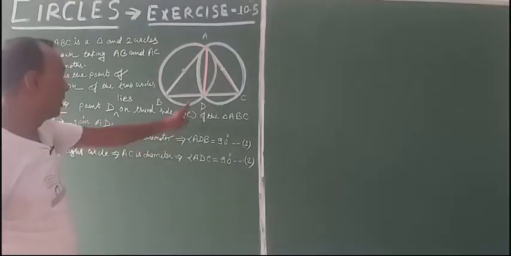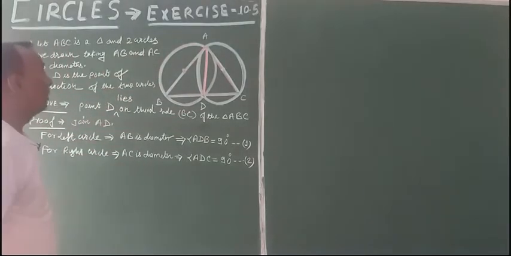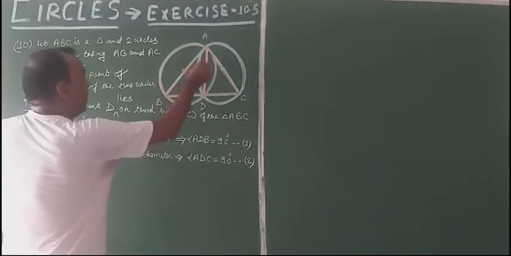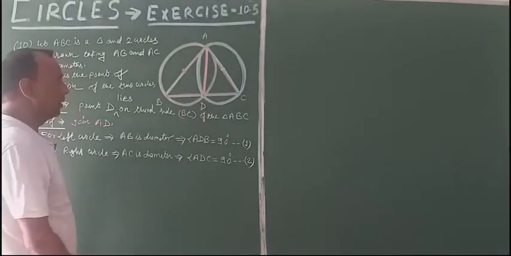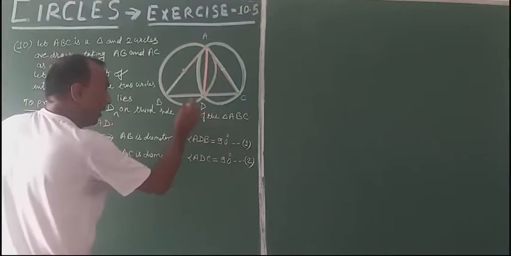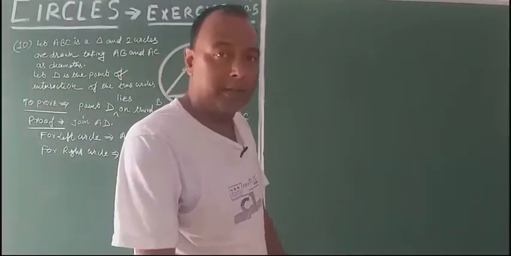Now for the left hand side circle, AB is the diameter. It means this angle ADB will be 90 degrees, because this is the angle in a semicircle.